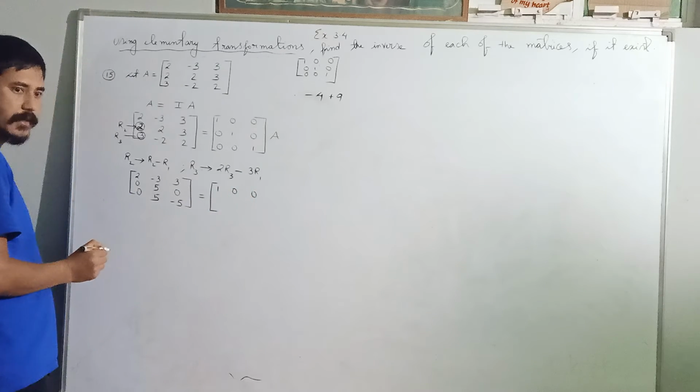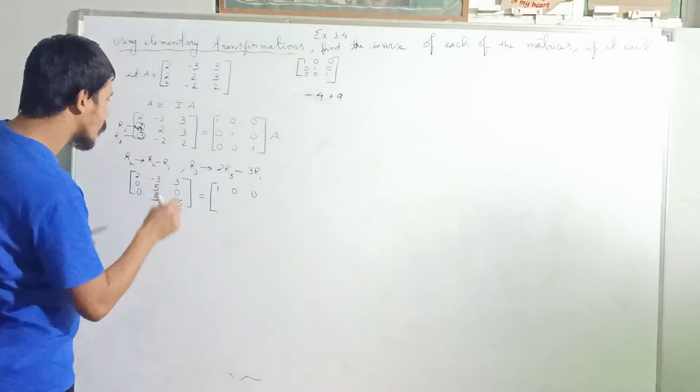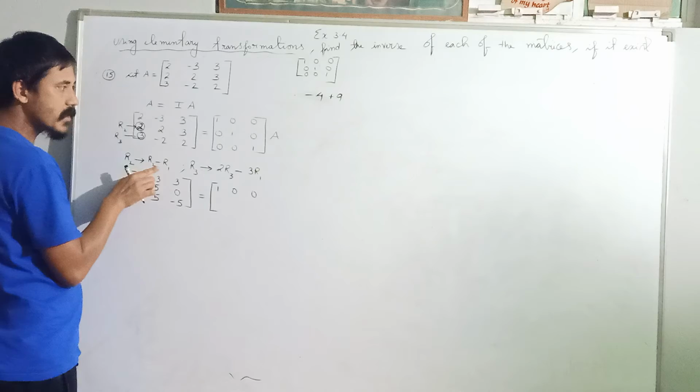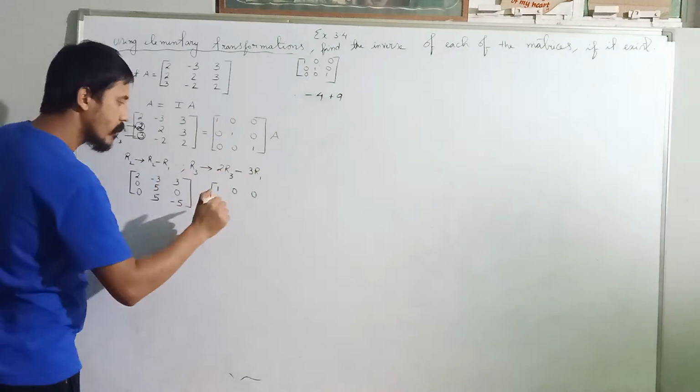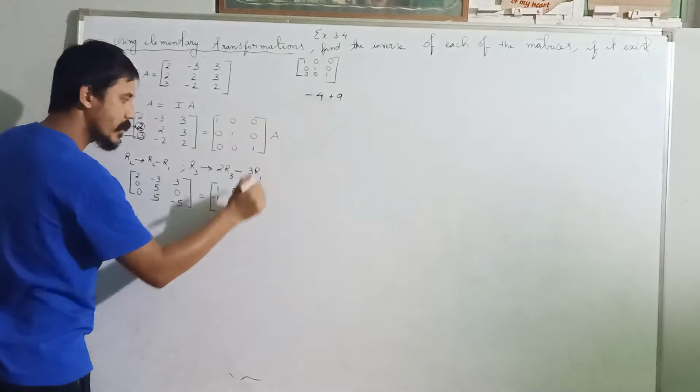Here we cannot see. Same operation, we will perform it here. So R2 goes for R2 minus R1. 0 minus 1, minus 1. 1 minus 0, 1. 0 minus 0, 0.